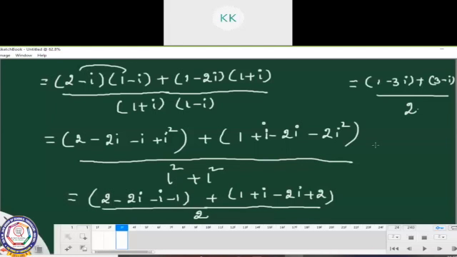So 1 plus 3 equals 4, and minus 3i minus i is minus 4i, by 2. So it gives 4 minus 4i by 2.